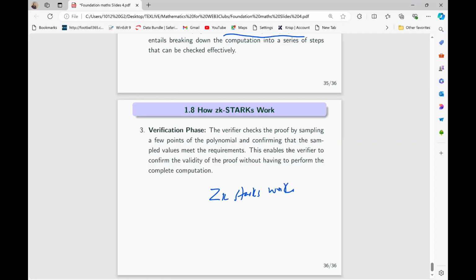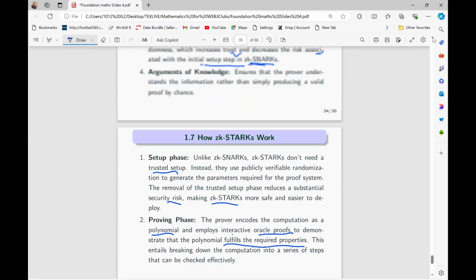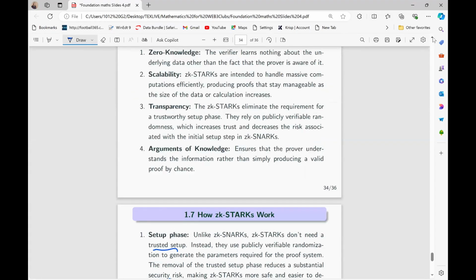So we've seen the ZK stack, so we know what it means and we know how it works. We've also seen the ZK snarks. Both of them are used currently, but I've said that the ZK stacks came up later after it was discovered that the first phase in the ZK snarks had some loopholes which could be capitalized on by the viewers on the blockchain.